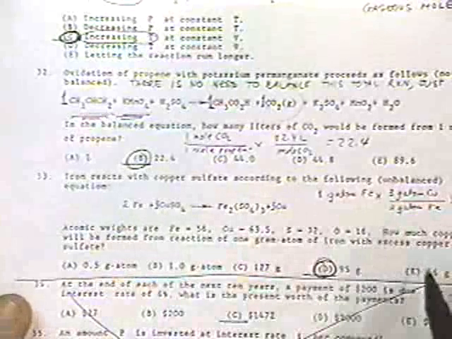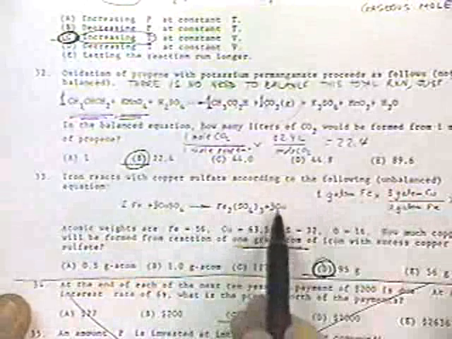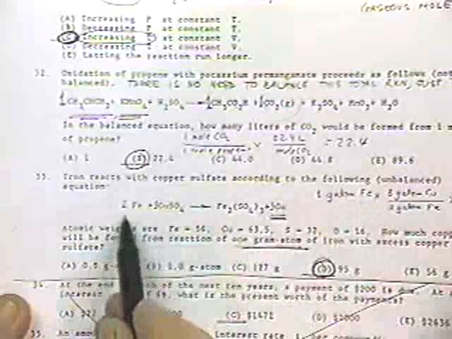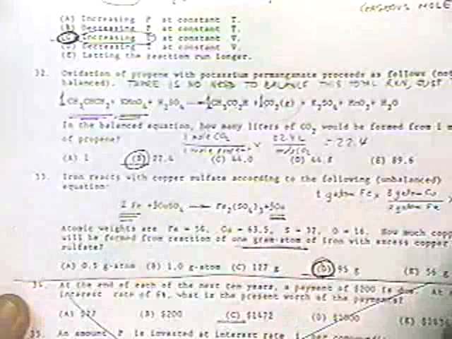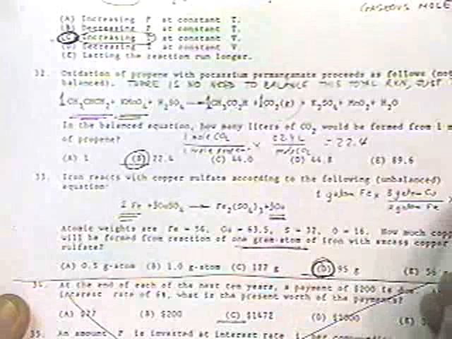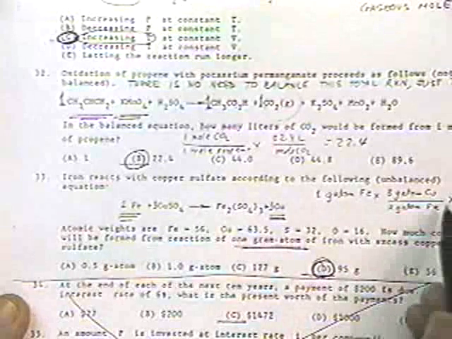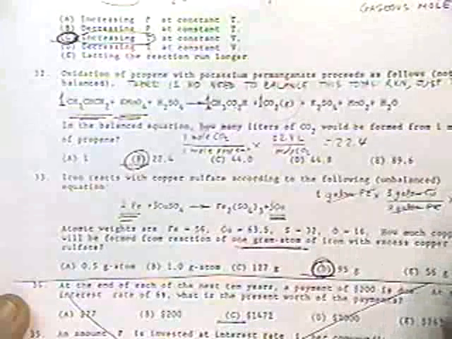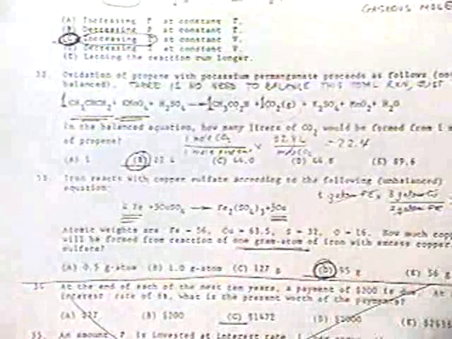So if we have 1 gram mole of iron, this says that there are 3 gram moles, gram atoms of copper per 2 of iron. That's what the stoichiometry says. And then the atomic weight is 63.5 grams of copper per gram atom of copper. So go through the math, cancel out units, and we'll end up with 95 grams as the correct answer.